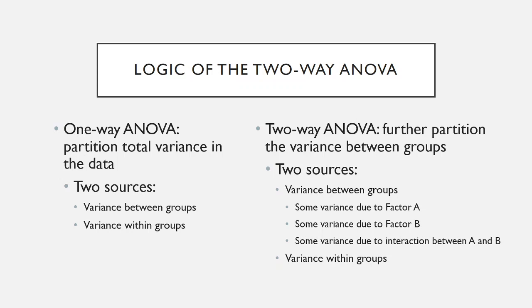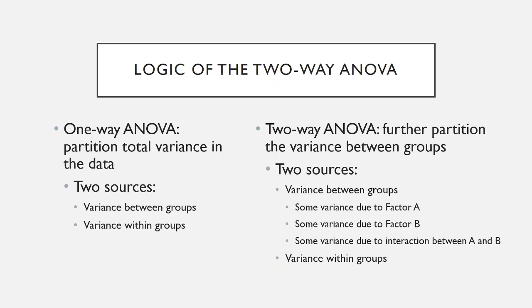So variance between groups is going to be what you care about. But when you have variance between groups, the idea is that some of that variance could be due to a main effect of your first IV, some other variance could be coming from the main effect of the second IV, and more variance could be coming from the interaction between the two.